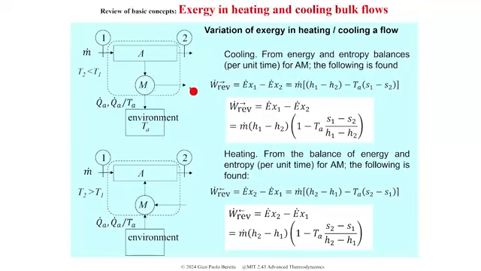So the maximum work you can extract, or the minimum work you need to spend, is equal to the difference in the exergies between the input and the output, or the output and the input.